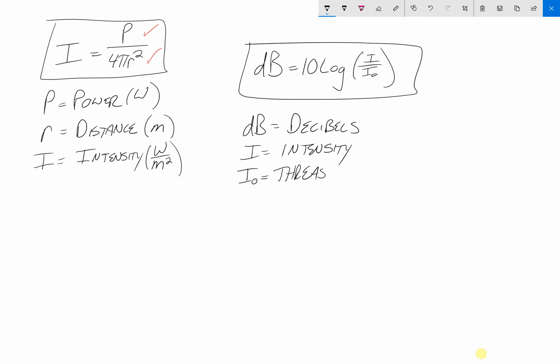Any less than this intensity, we cannot hear. There's also a threshold of pain. There's an intensity for that, and anything more than that, and we start to feel discomfort in our ears. So this is the threshold of hearing. And it's a constant, it's just a number value. It's 1 times 10 to the negative 12 watts per meter squared.